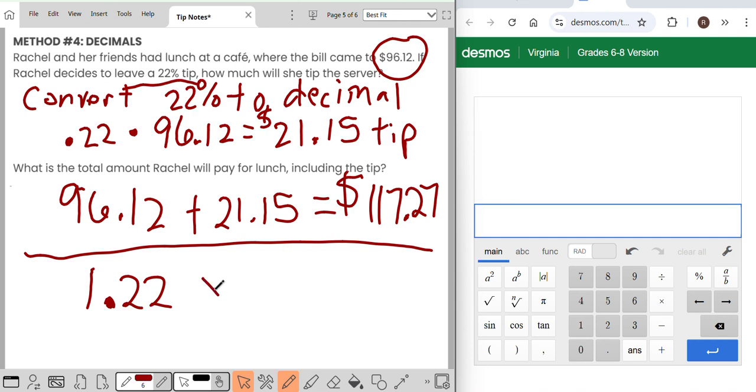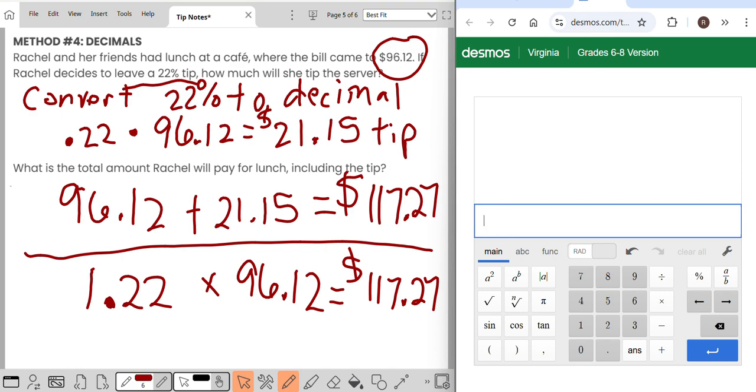Then you multiply that by the amount of the meal, and you will get the same total. But let me show you over here. 1.22 means 100% of the cost plus the 22% tip, and we're going to multiply that by the amount, 96.12, and that gives us a total of 117.27.